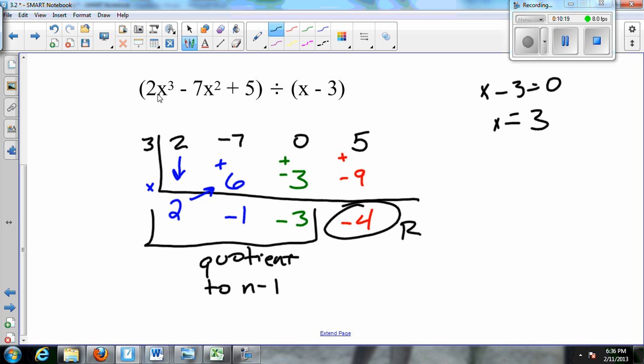Okay, so our highest degree was 3. So now we bring down our 2 for the coefficient. It's going to be x to the n minus 1, so the 3 minus 1 is 2. Plus 6x minus 3.